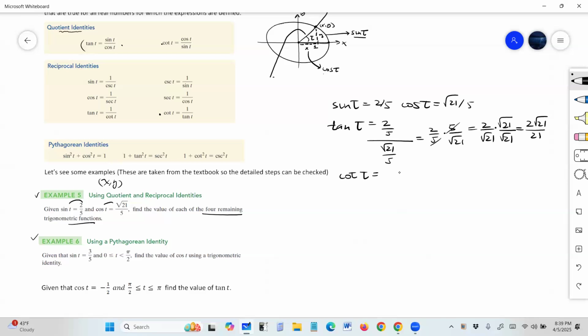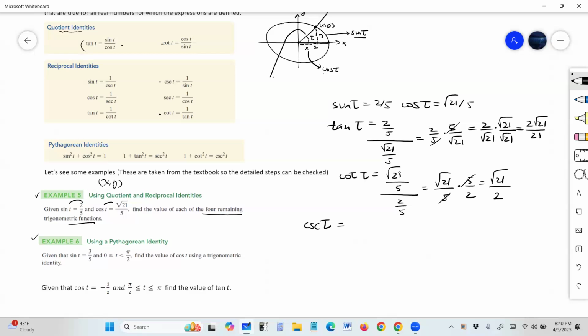So I'm going to use cosine of t over sine of t. First fraction remains the same. Multiply by the reciprocal. And again, the 5s cancel. And I am left with radical 21 over 2.